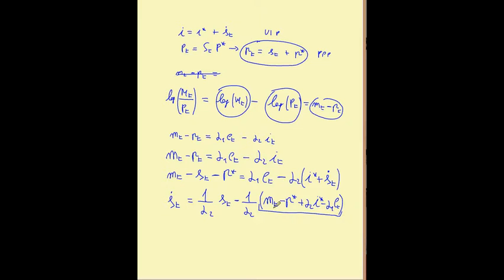So we can call this part omega t, and our differential equation that we need to solve becomes s dot t equal to 1 over alpha 2 st minus 1 over alpha 2 omega t.